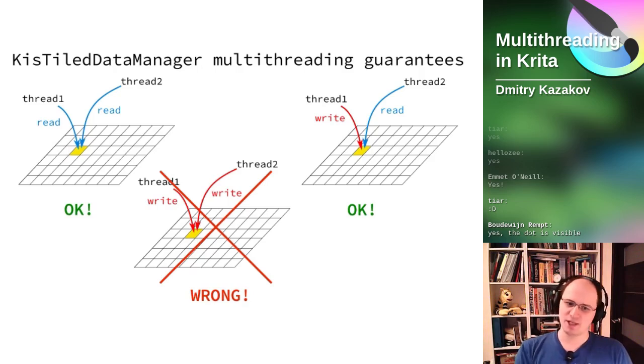It will be a segmentation fault or some assert somewhere deep inside the data manager. Well, this is invalid, and you should never try to do that, and you should care about not writing into the same area on the same paint device at the same time.